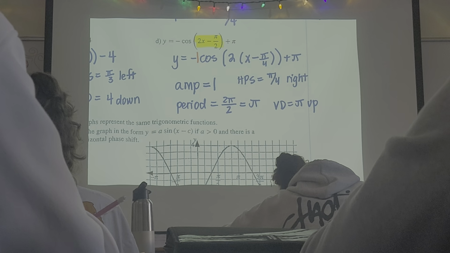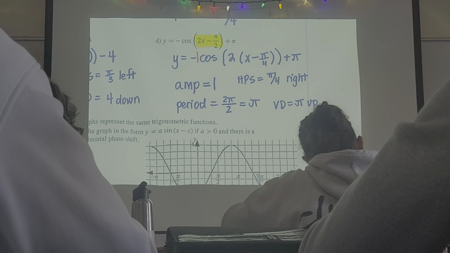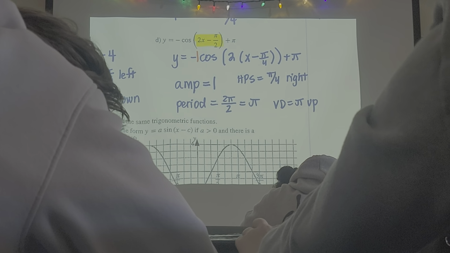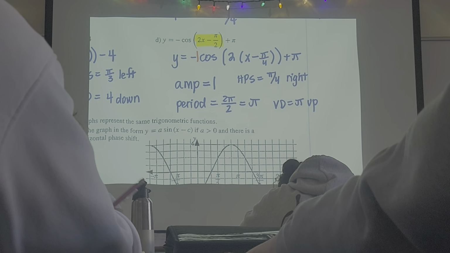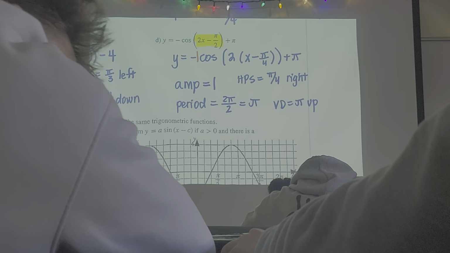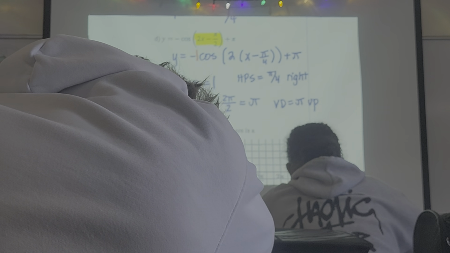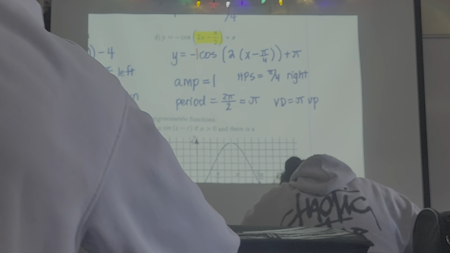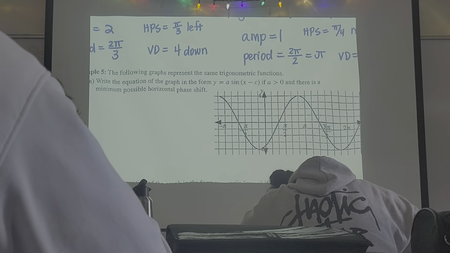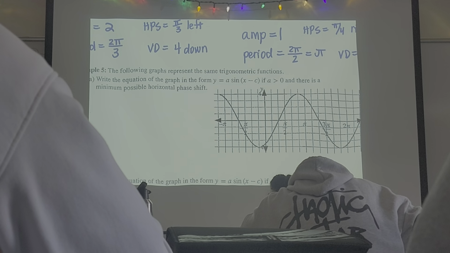Do we love it? It's very repetitive. Let's see if you love the graphs now. So that's pulling the information from the equation. Now the fun begins, graphs. We're going to come up with the graph of the equation for our graph.